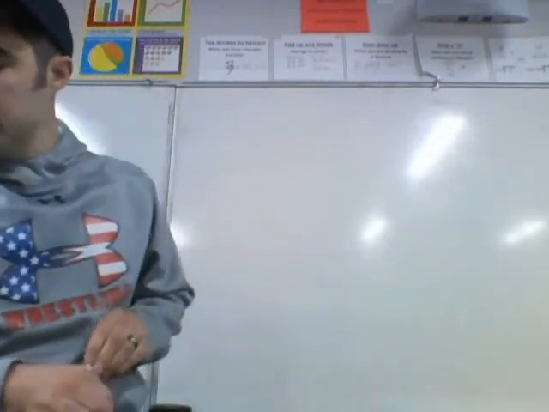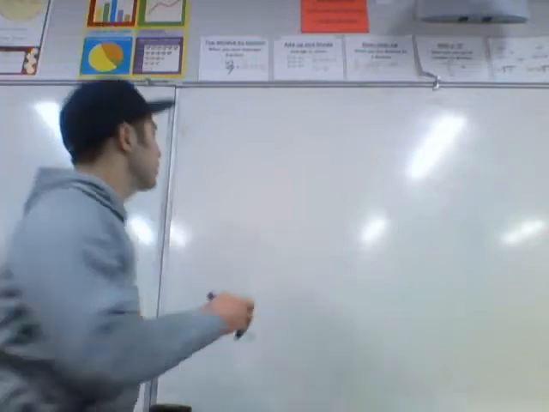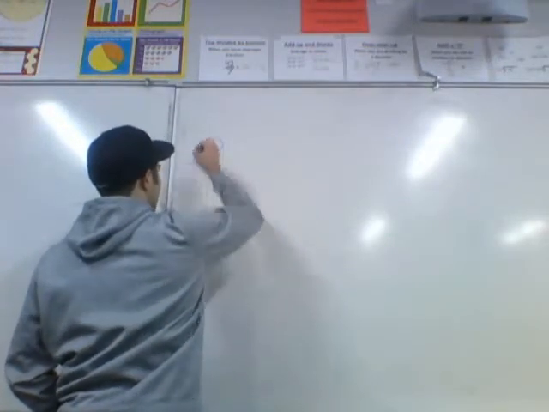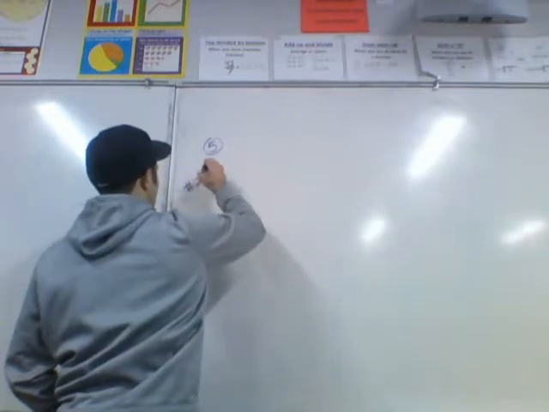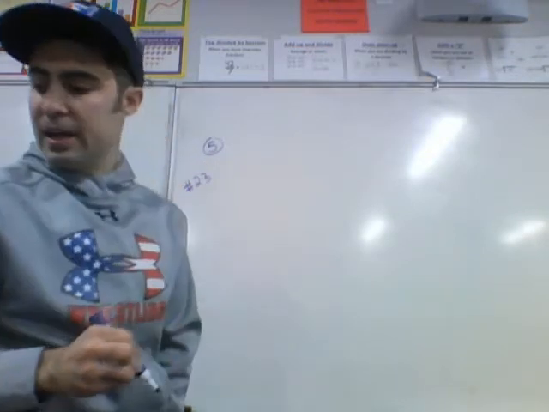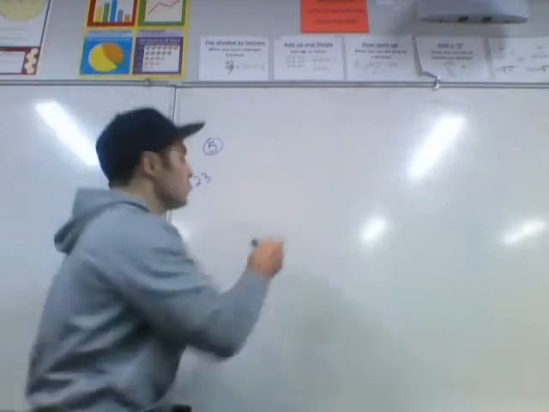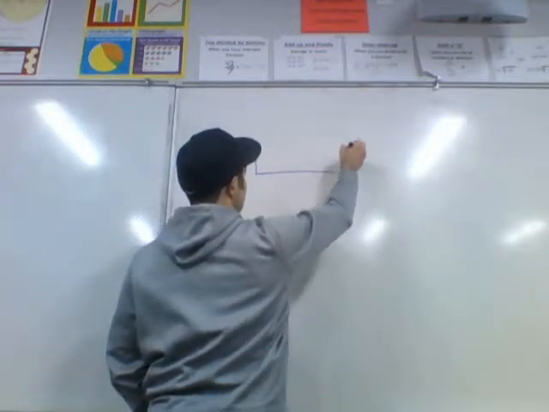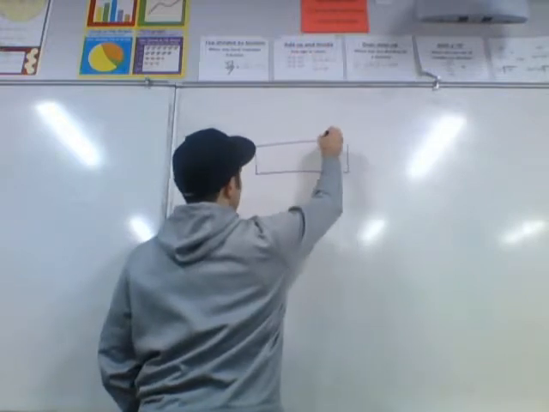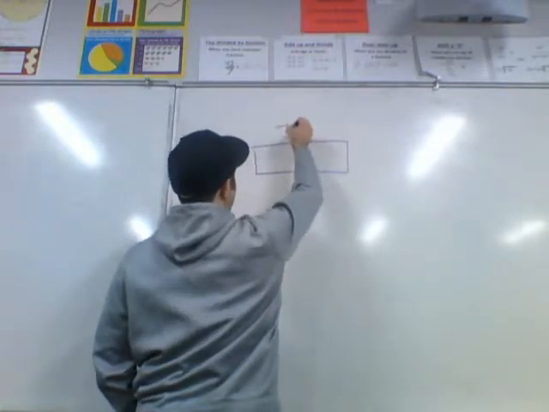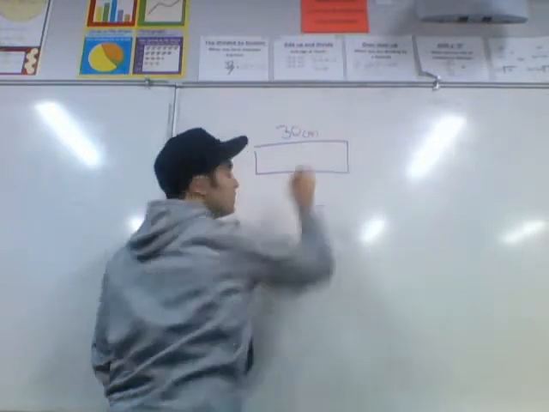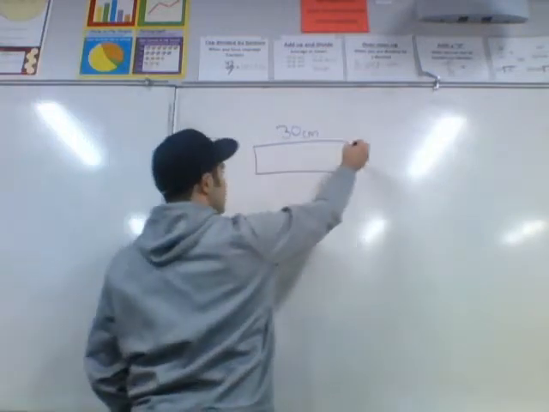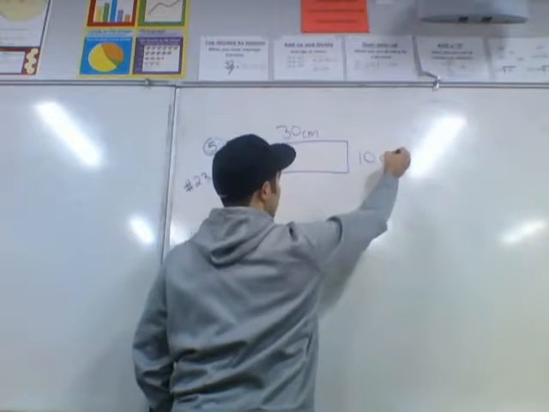I'm now going to do number 23 on your homework, which will be number 5 for this lesson. And it has a rectangle that looks something like this. 30 centimeters on top, I think, and 10 centimeters on the side.